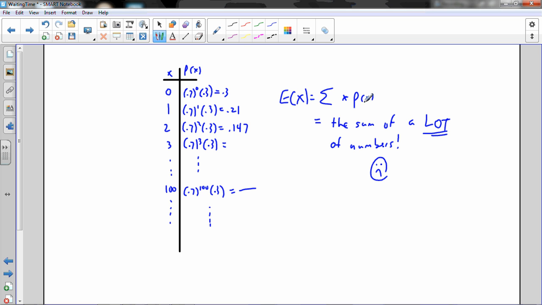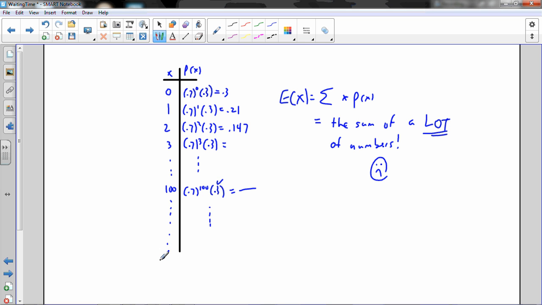We had x times the probability of x. That's how we get the expected value. Well, we could get 0 failures and get our first smoker right away. Or we could wait through 1 or 2 non-smokers before our first success. Even though it's not very possible, we could make 100 phone calls and each of them be a non-smoker before our first success. How big is this table?